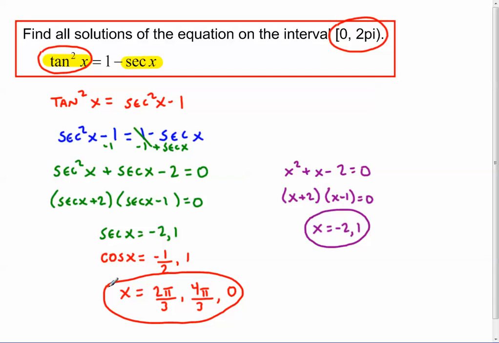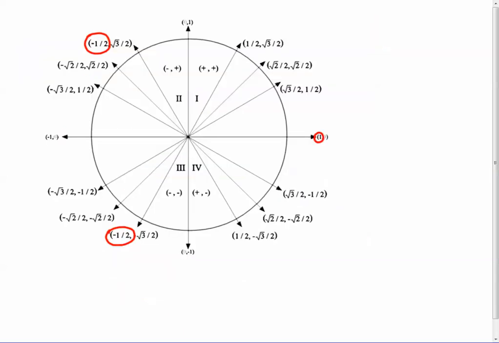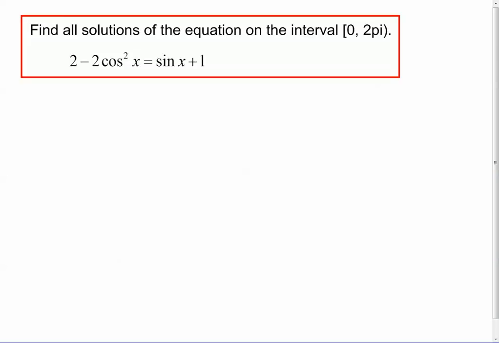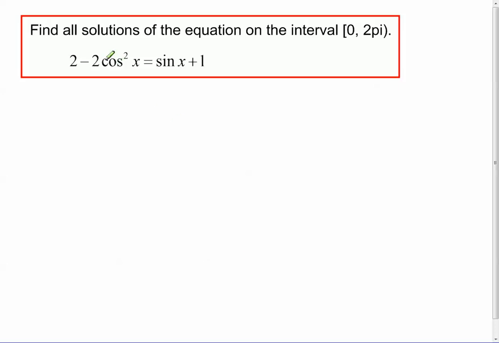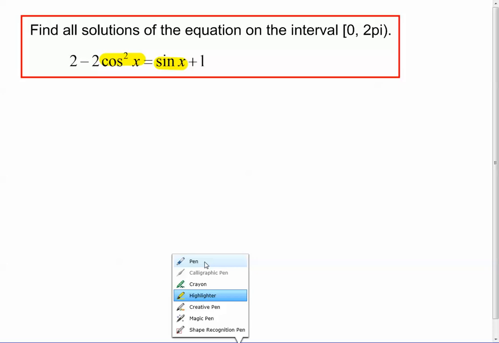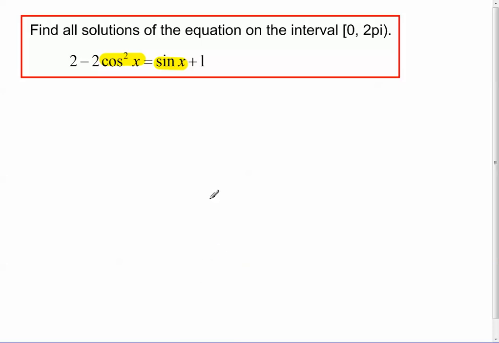All right, let's take a look at another one that's very, very similar, and that is this one right here. So once again, I have a mismatch. I have cosine squared and I have sine. Similar to the last one, the question is, which one can I use an identity on? I can't use an identity on sine x because it's not squared, so that's not going to work for me.